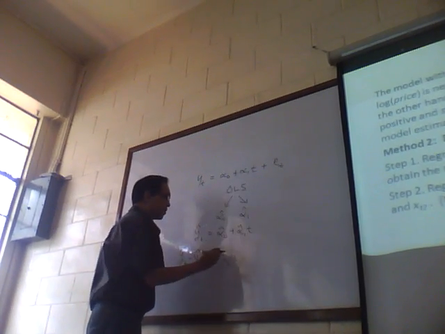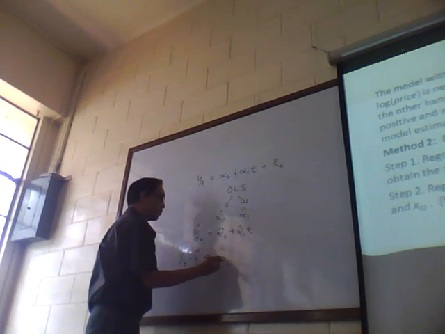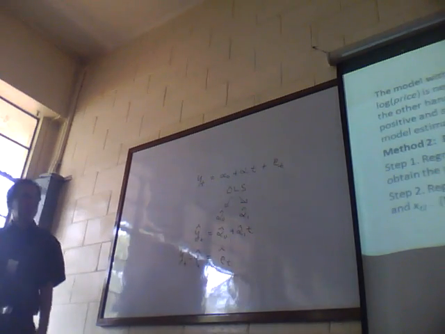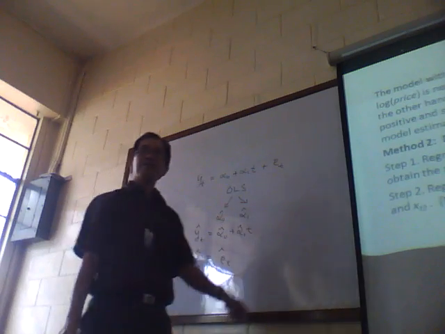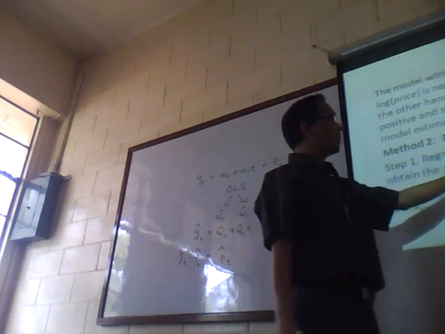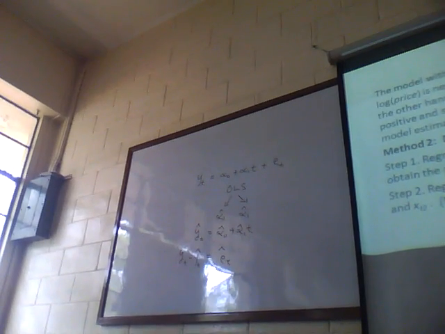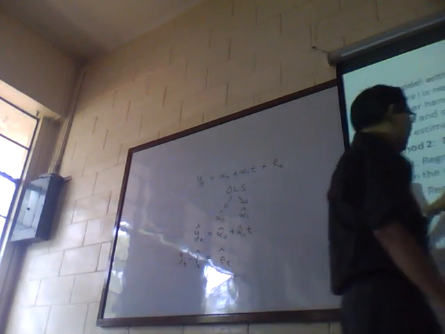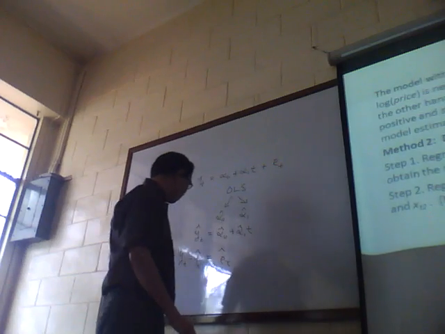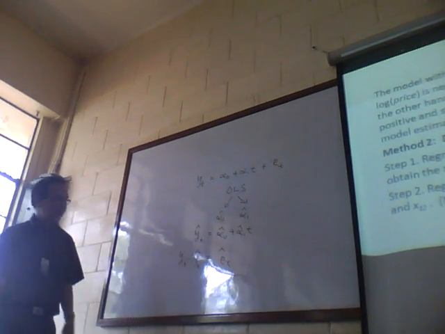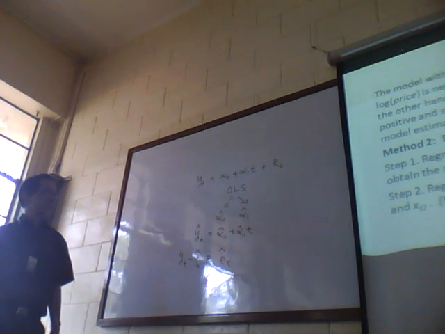Here it's e. Step 1 says regress y, x sub 1, x sub 2, separately or individually on time and obtain the residuals. So this one we do, and we'll get the residuals.